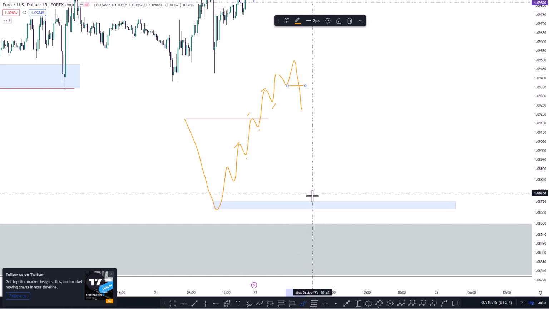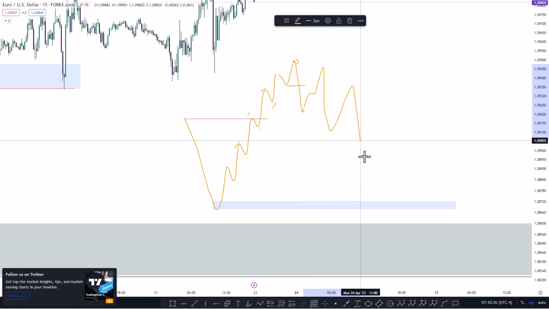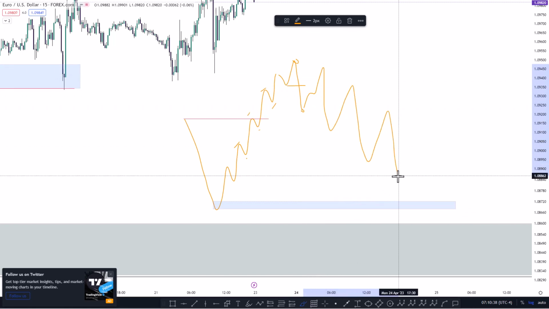But before it drops, market is likely to create another pullback, even in this retracement range. Think of it in terms of highs and lows. So we have a high, this time we have a low. So we need to wait for a lower high. A lower high, lower low, lower high, lower low, lower high, lower low. So you understand what I mean?